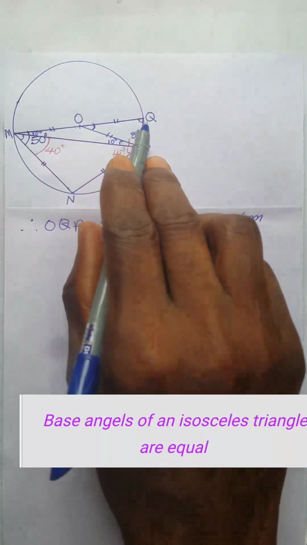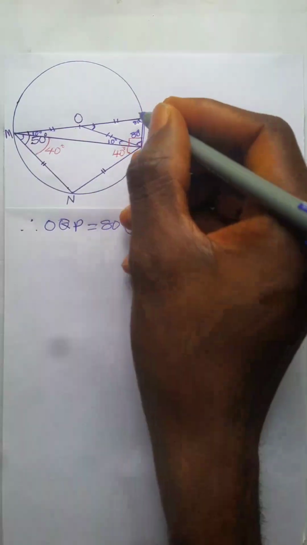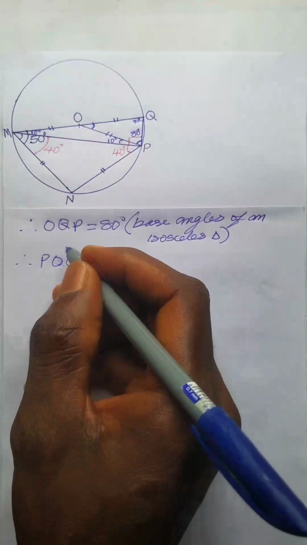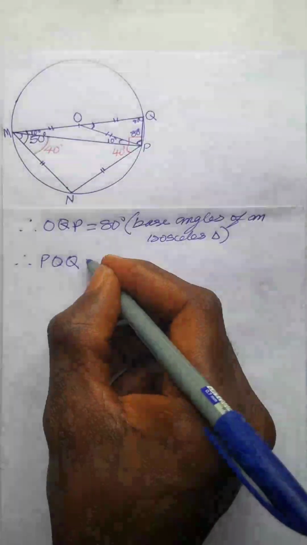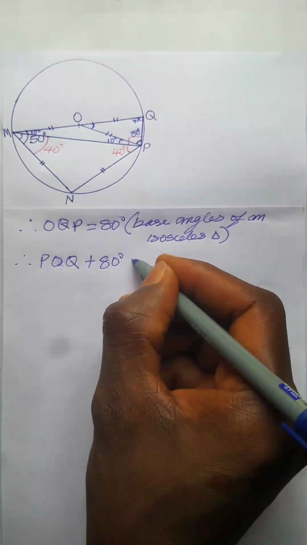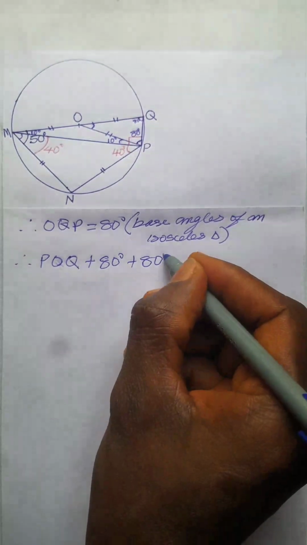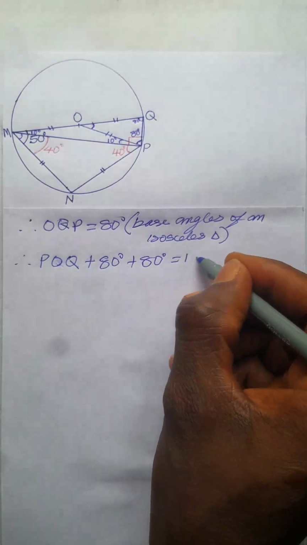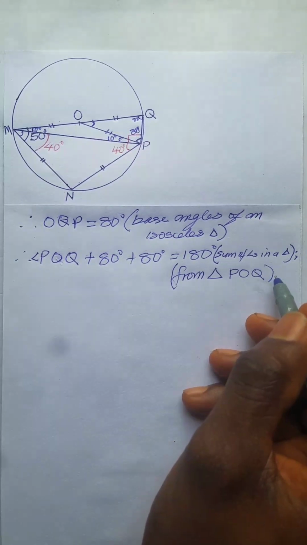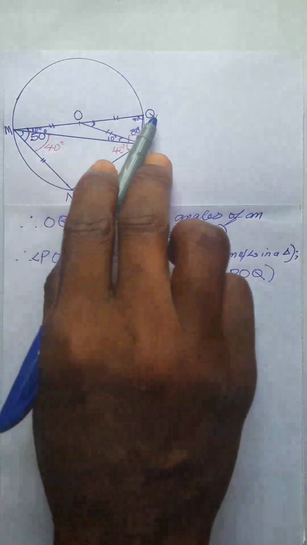So we have this as 80 as well. Therefore, POQ, if I add that to 80 degrees plus 80 degrees, I'm going to have 180 degrees, right? That is the sum of angles in triangle POQ.